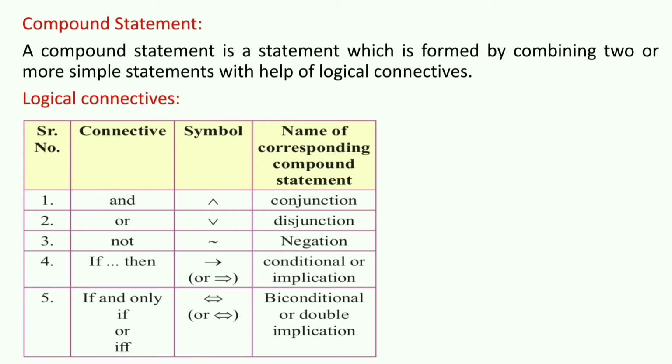A compound statement is a statement which is formed by combining two or more simple statements with the help of logical connectives. Here there is a table of logical connectives: and is for conjunction, or is for disjunction, not is negation, if then is conditional or implication, if and only if is biconditional or double implication.